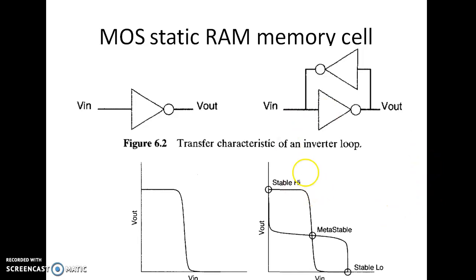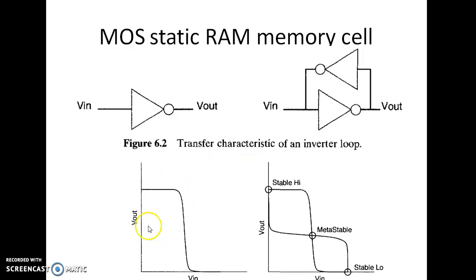It consists of two cross-coupled inverters. So this is a single inverter. If you add another inverter where the output of the first inverter is connected as an input to the second inverter, and again its output is fed back to the first inverter, this becomes a memory cell which stores one bit of information, either logic 1 or logic 0.